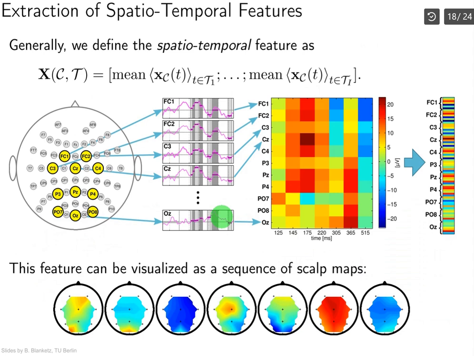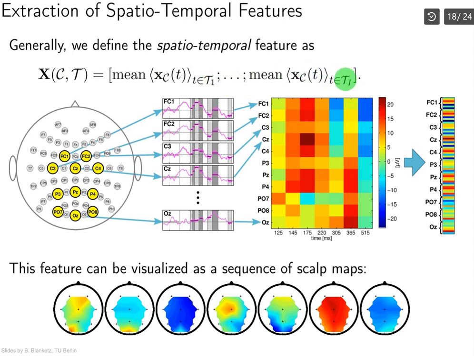So the next set of features that we discussed briefly above is a combination of spatial and temporal features, defined as the spatial temporal feature. We define this spatial temporal feature as follows. X is a vector or matrix of a subset of channels C and a time interval. Our feature vector will consist of the average across channels for the first time interval, second, third, and up to the I-th time interval.